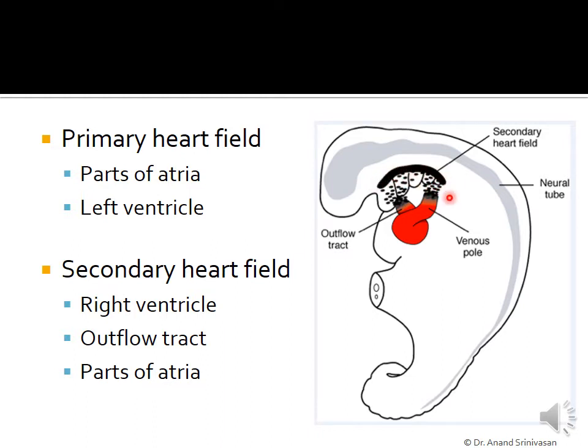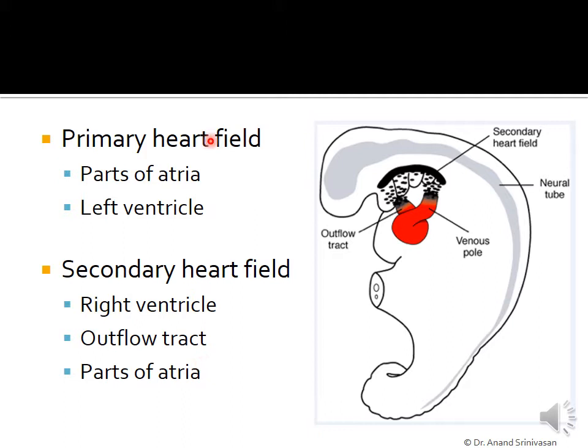So the secondary heart field, which also works by vasculogenesis, extends the heart tubes, and this secondary heart field is the one which gives rise to the right ventricle, the outflow tract, that is the truncus arteriosus, which is nothing but the portion of the pulmonary artery and the aorta, and also some parts of the atria.